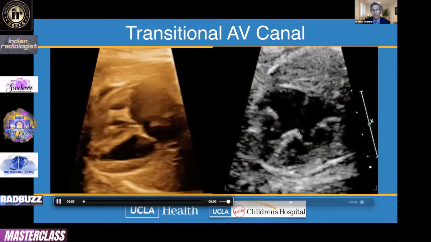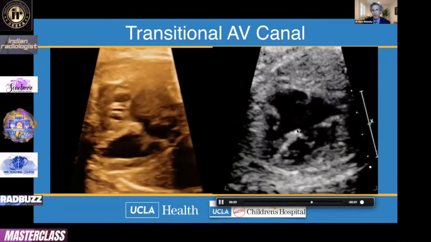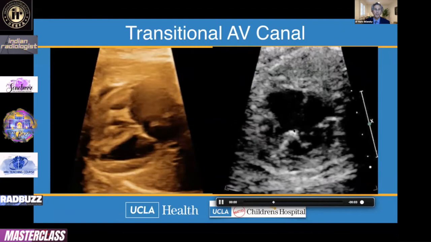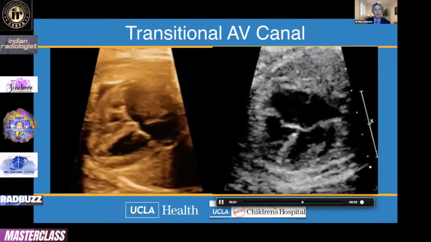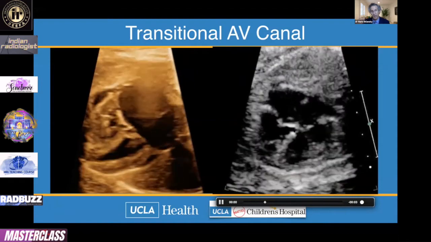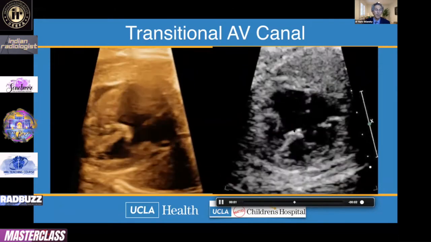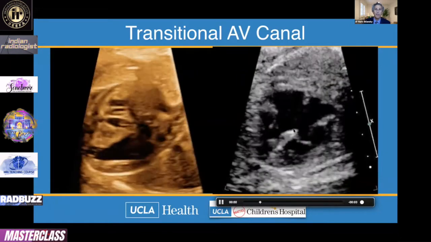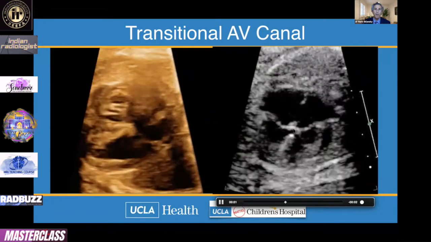And same thing here on the right, you could see a big primum, but you could sort of see that there is probably some VSD. So it's a small VSD. And again, the reason why we differentiate this from a complete is because in general, these don't require surgery quite as early as a complete, but even a complete canal generally does not undergo surgery right away. If it's a balanced, straightforward canal, we wait several months.